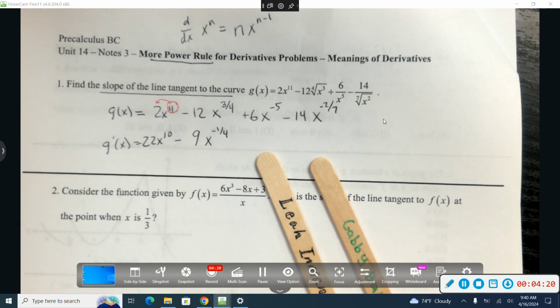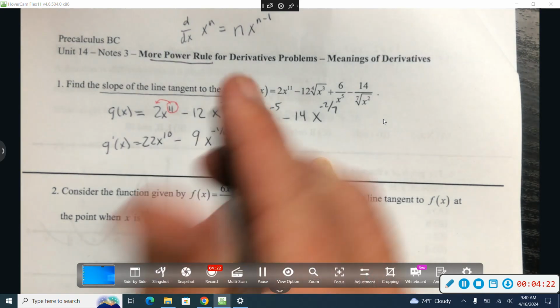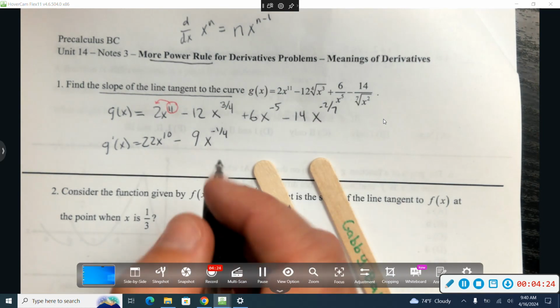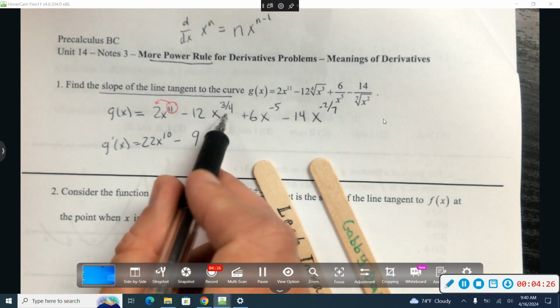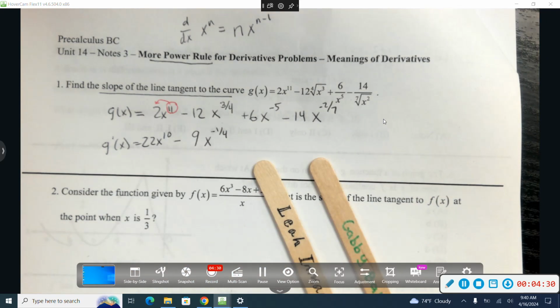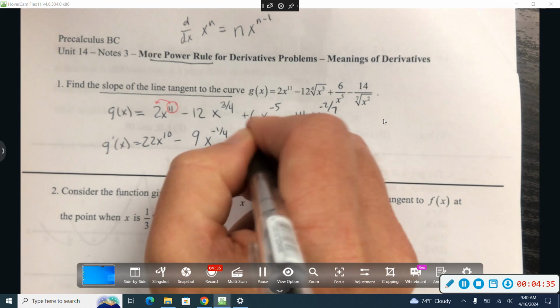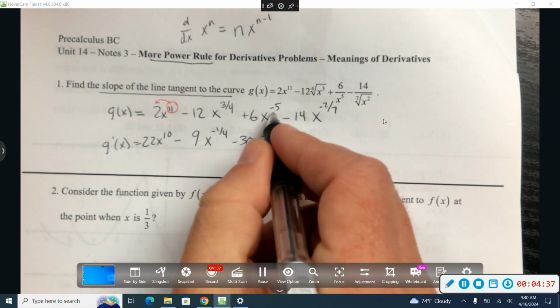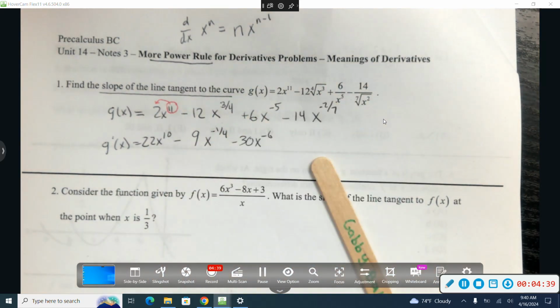Leah, how about the derivative of 6x to the negative 5? Wait, why is it negative 1/4? Because you subtract 1. I got it. Leah? 30x to the negative 6. Good. Again, that's one where people miss because they think 1 less than negative 5 is negative 4, but that's not right.